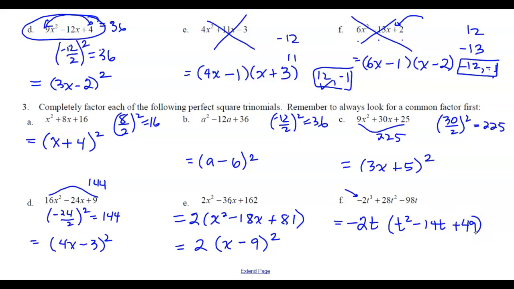Okay. Then it's actually a simple trinomial. If you notice, so really your first thing is just to look at the constant term. If it's a perfect square, then maybe it's a perfect square trinomial. If it's not a perfect square, then don't think about this fast method. Find the 2 factors.